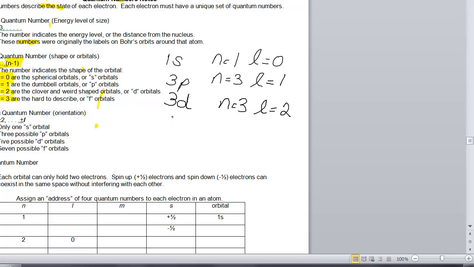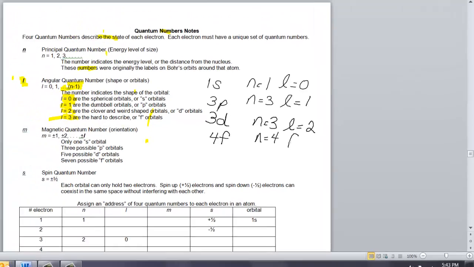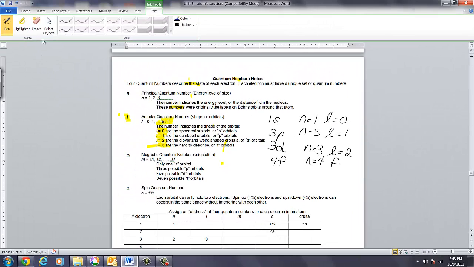For f's, if I had the 4f, n would be 4, and L would be 3, because that's what you give for f's. So you just need to recognize that 0 is an s, 1 is p, 2 is d, 3 is an f.